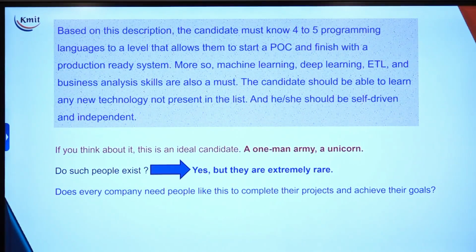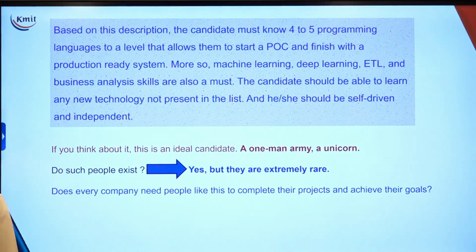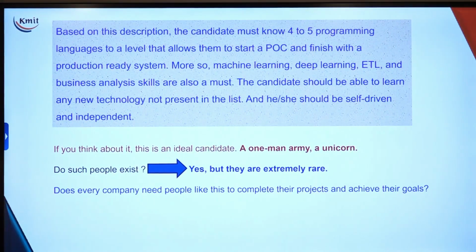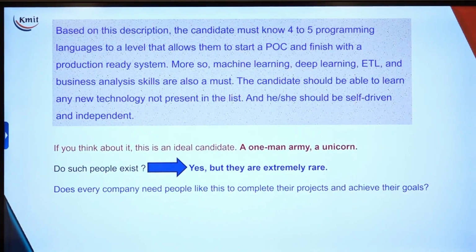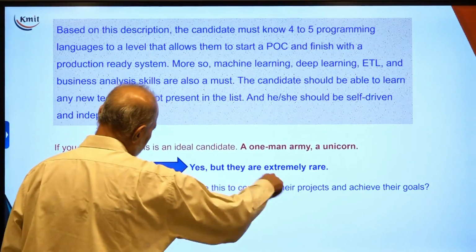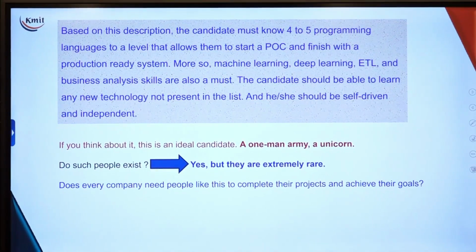Such people exist. The answer may be yes, but they are extremely rare. So, you may find one person who is capable of doing all the things, but that is rare. That means you will not find such a person on an abundant basis, you will not find a person easily available.